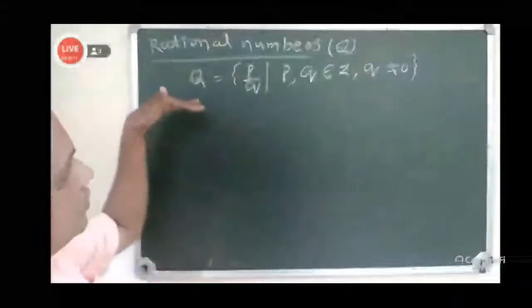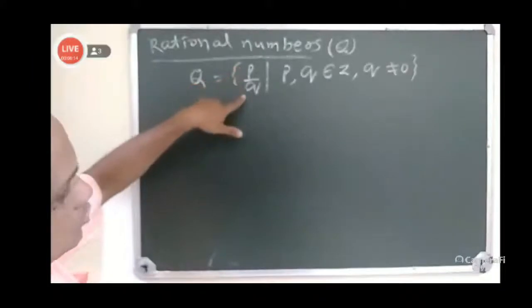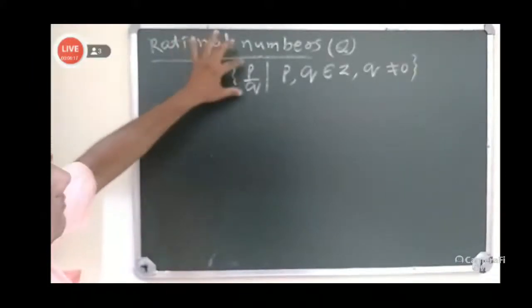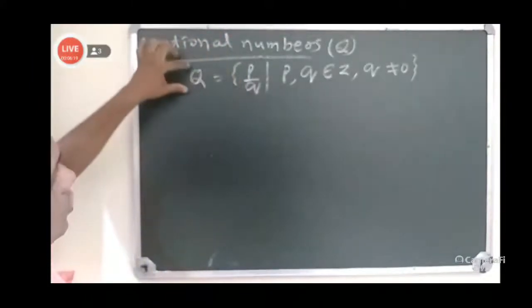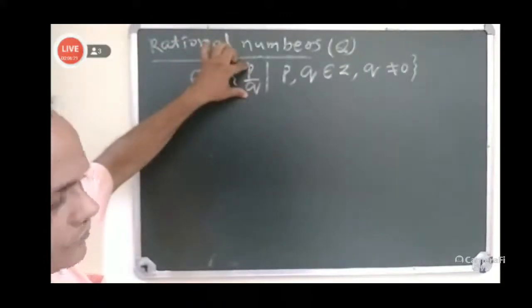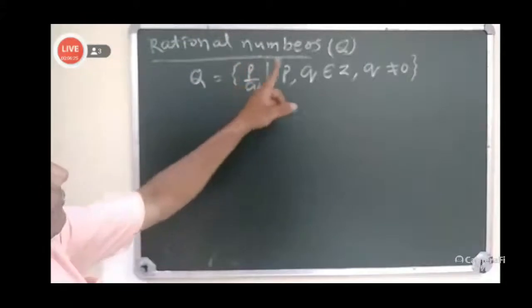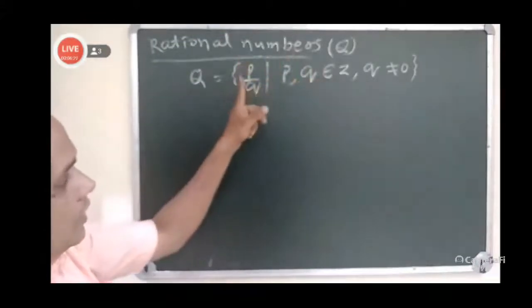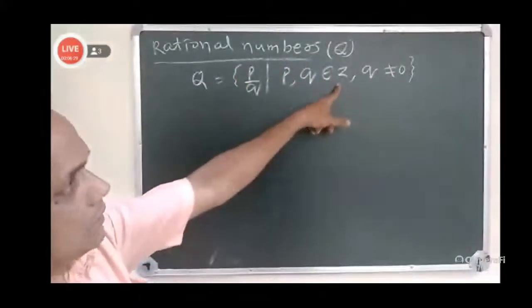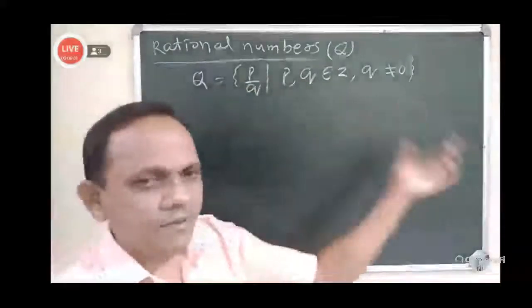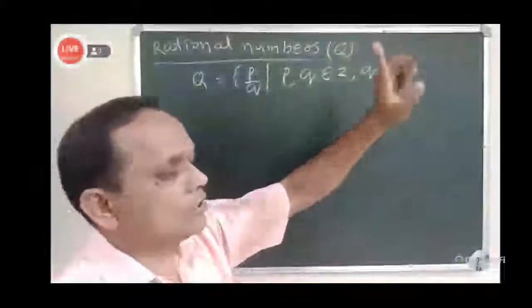This is the formula of your Q set. Q is defined in the form P by Q where P and Q are integers, maybe positive, maybe negative, and Q not equal to 0.